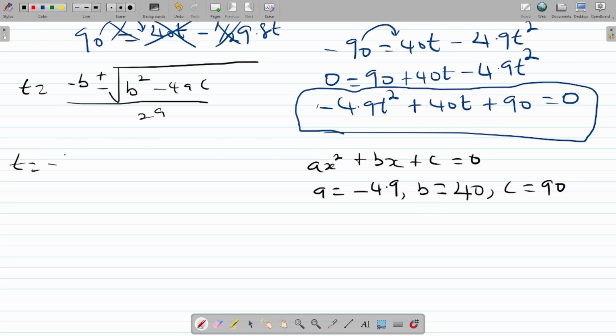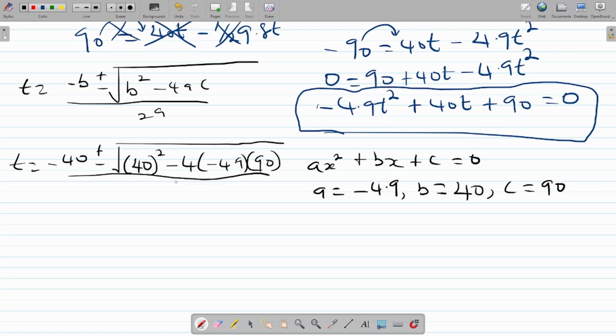So we have negative 40 plus or minus the square root. Our b again is 40. So wherever we see b, we put a 40. In this case, we have 40 all squared minus 4 multiplied by our a. What's our a? Our a is negative 4.9. And then our c is 90, all over 2a. 2 multiplied by our a. Our a is negative 4.9.